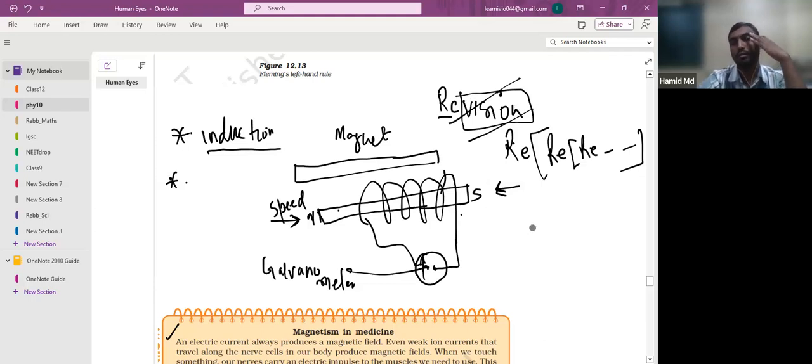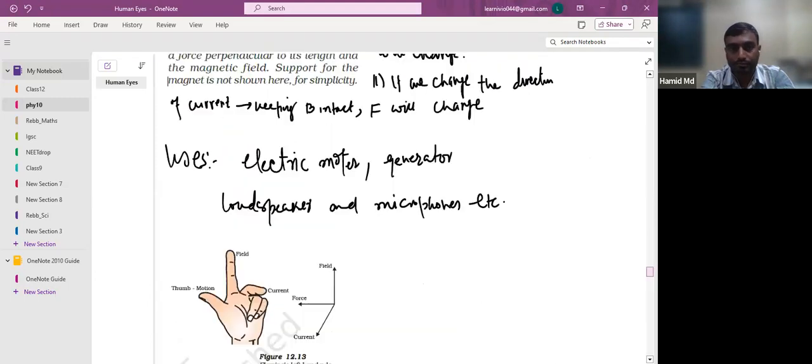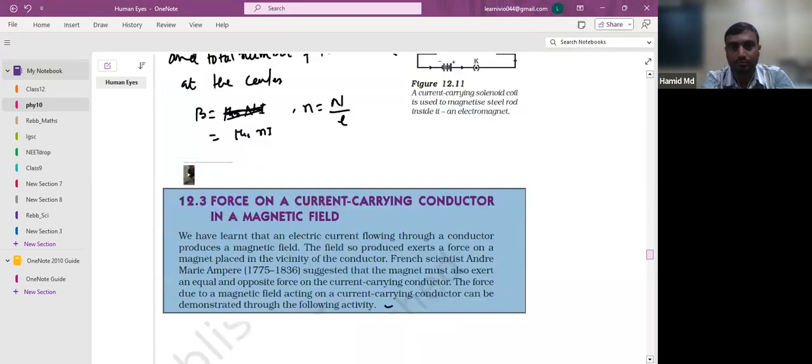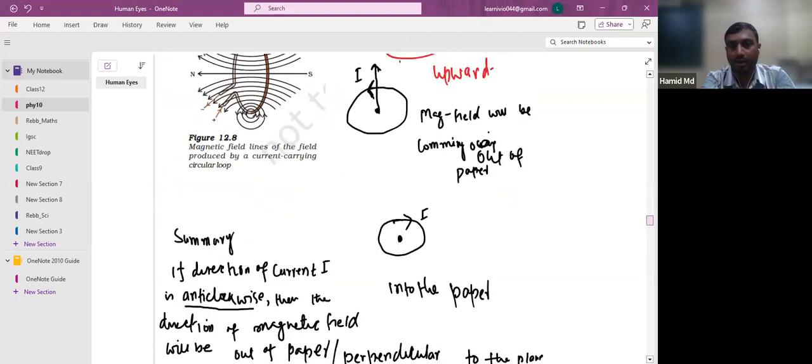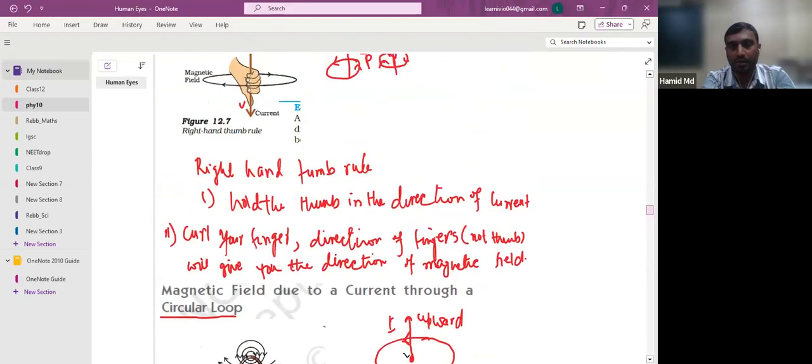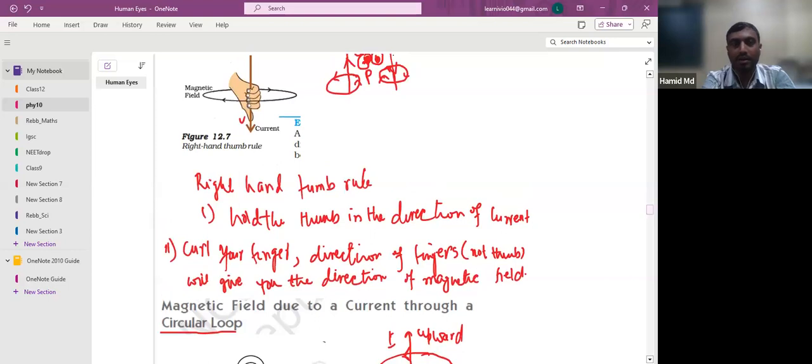There were a few more things. We discussed the magnetic fields, right? What is the right hand thumb rule?